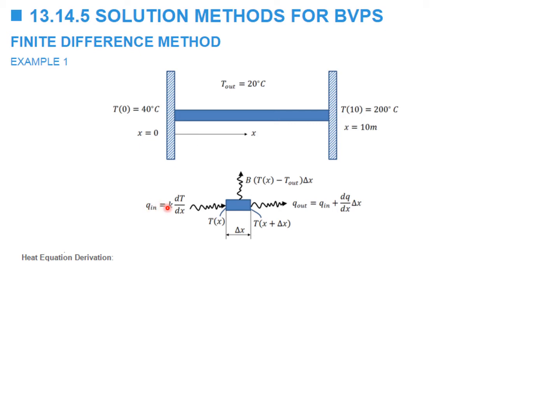Usually, the heat goes from points of high temperature to points of lower temperature, and in these cases the constant K is usually a negative value, indicating that the heat flux goes from areas of high temperature to areas of low temperature.